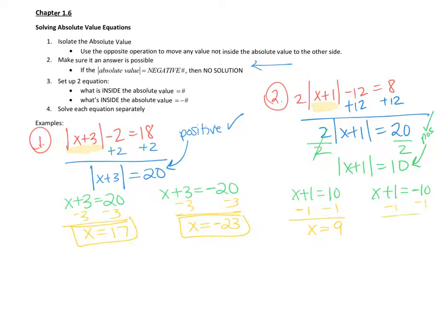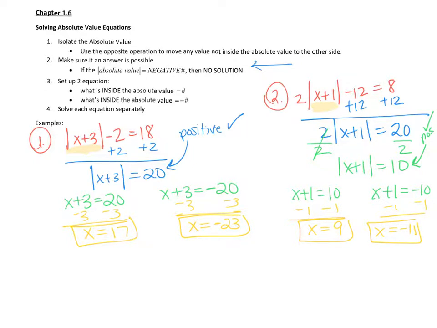Subtract my 1 gives me x equals negative 11. Okay, so I've got my 2 answers. Absolute value is similar to quadratic in the sense that I should have 2 answers when I'm finished. Okay, so that would be how we would solve an absolute value.